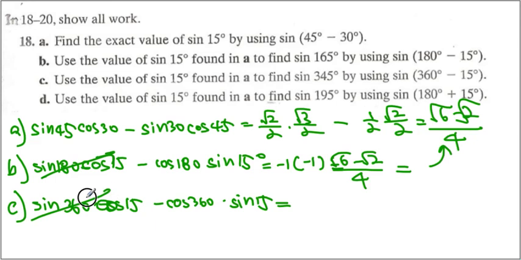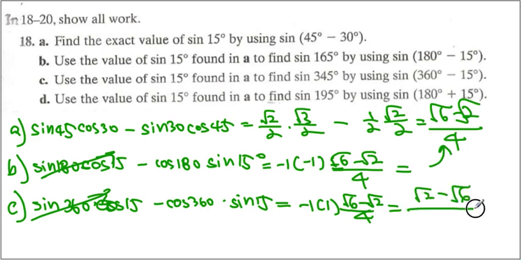Sine of 360 becomes 0. Cosine of 360 is equal to positive 1. So we have negative 1 times positive 1, and sine of 15 was already solved earlier, radical 6 minus radical 2 over 4, which simplifies into radical 2 minus radical 6 over 4 as our answer.